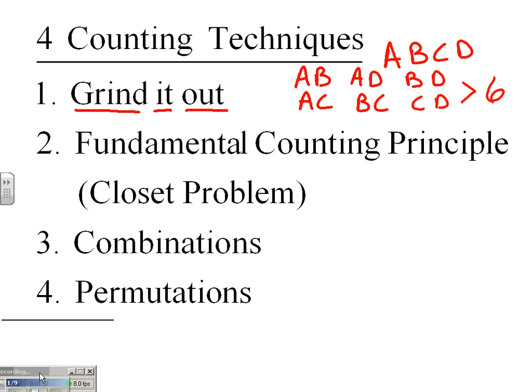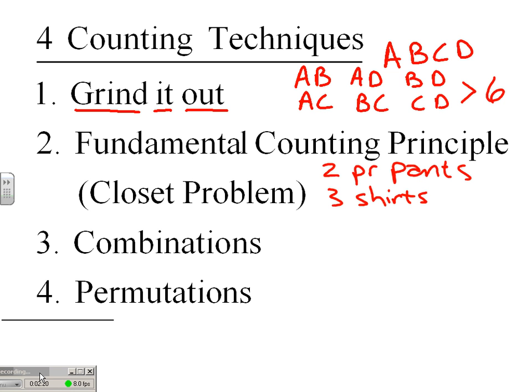The first time I think I ever encountered the fundamental counting principle, and a lot of my students share this same experience, was what I would refer to as the closet problem, where we have perhaps two pair of pants and three shirts to choose our outfits from.